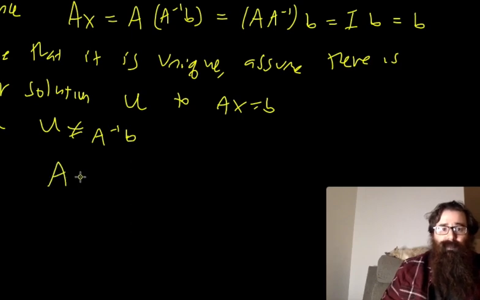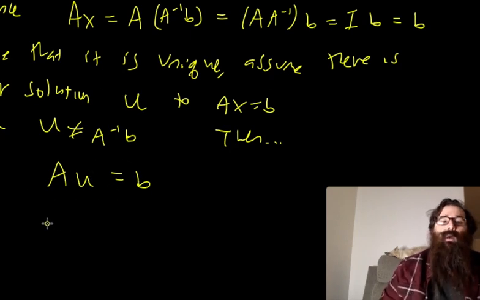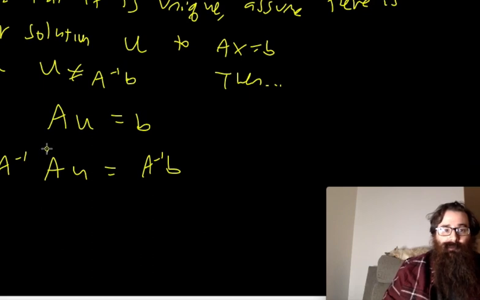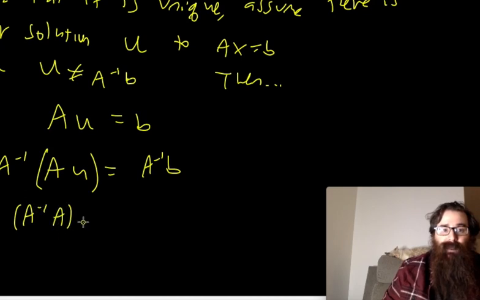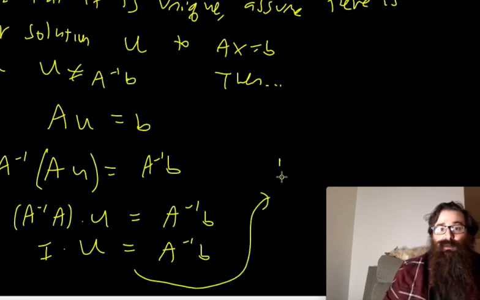Well, if A times u is equal to B, we're saying this is a solution. Let's see if we can solve for u. What I can do is multiply by A inverse on the left of each side. So think of this like A inverse times Au equals A inverse times B. If I regroup this, A inverse A times u equals A inverse B. A inverse times A gives me the identity times u equals A inverse B, which then gives me u is equal to A inverse B. And this is a contradiction.